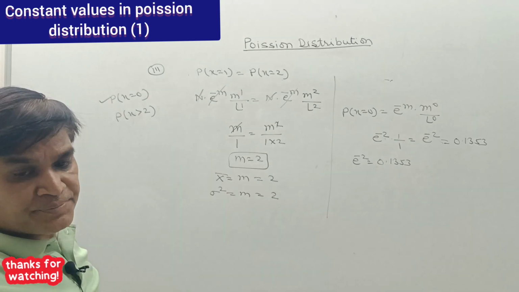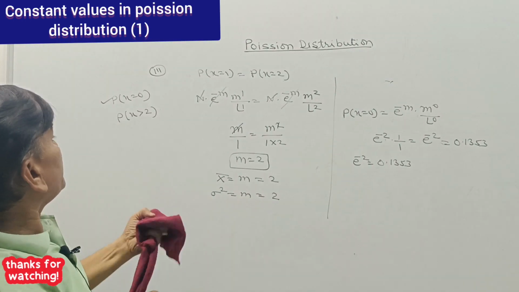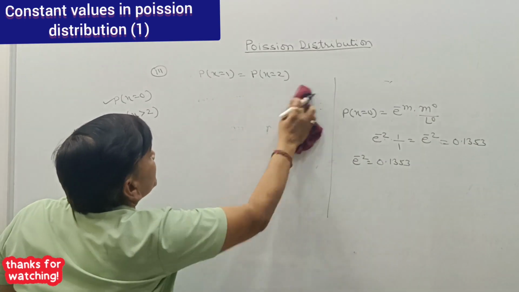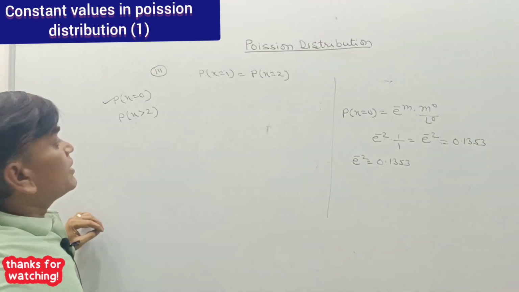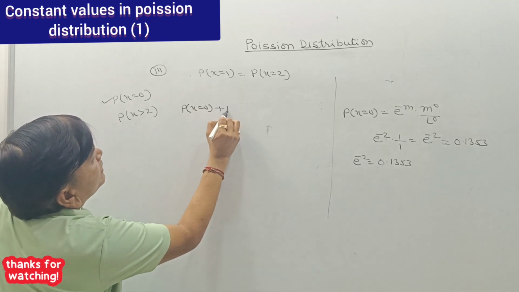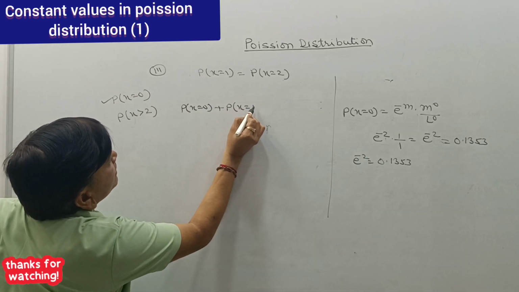Now second, P(x>2). It means x may be 0, may be 1.